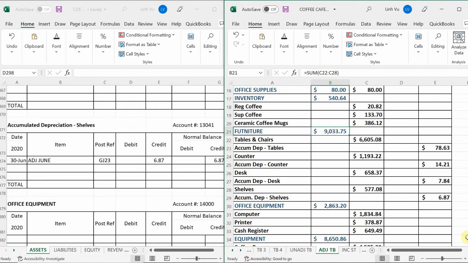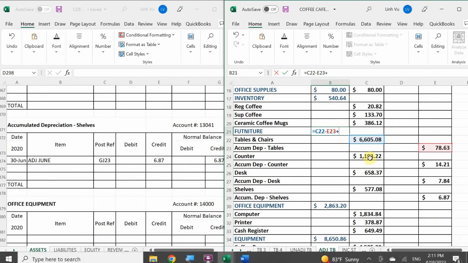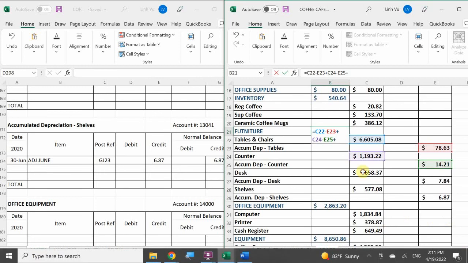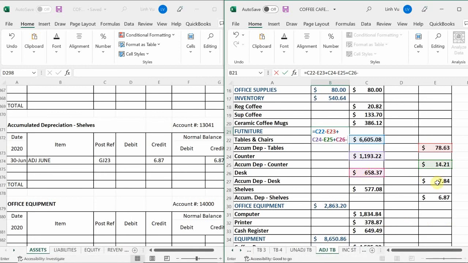So in this case, I'm just going to go one by one and say, this is my table minus the depreciation. I'm going to add the counter minus the depreciation. I'm going to add the desk and minus the depreciation. And I'm going to add the shelves minus the depreciation.